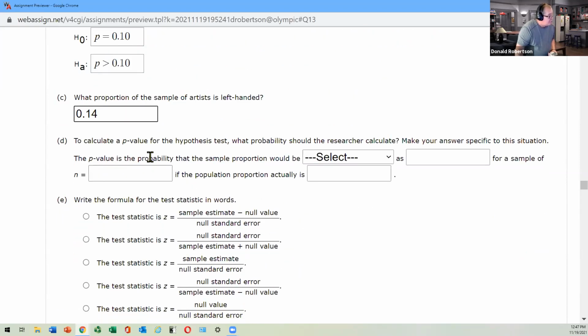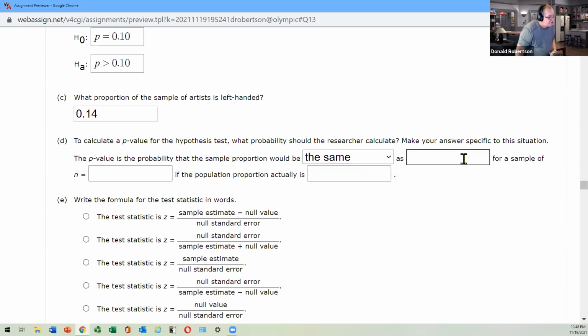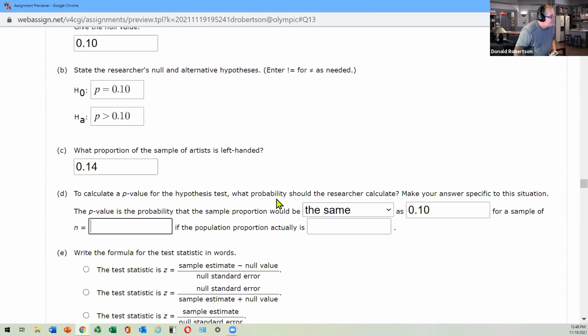Now, to calculate the p-value of the hypothesis test, what probability should the researcher calculate? And make your answer specific to this situation. So the p-value is the probability that the sample would be the same as 0.10 for a sample of n equals 350.